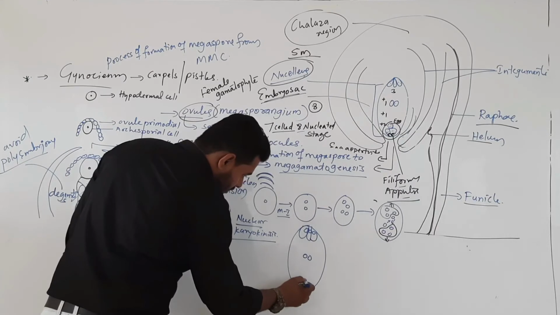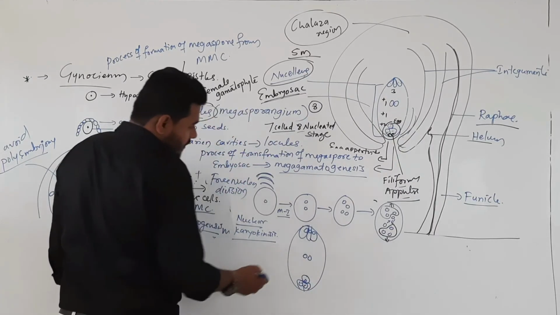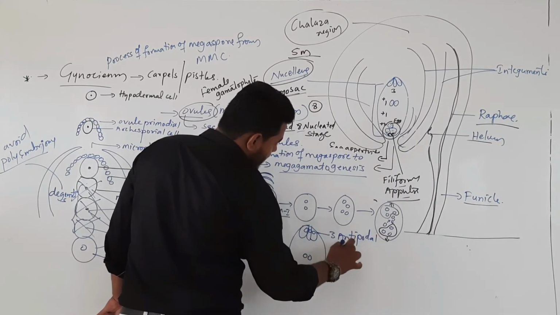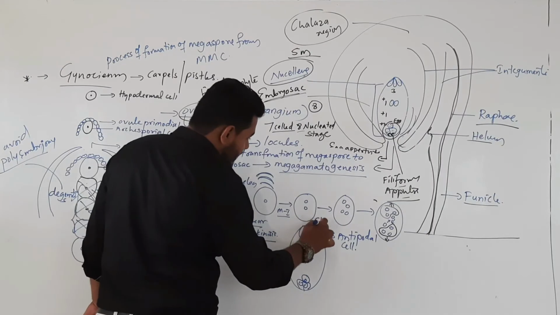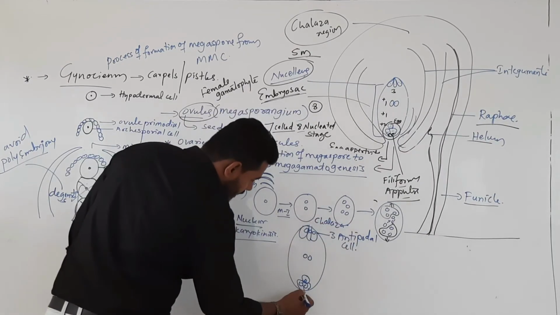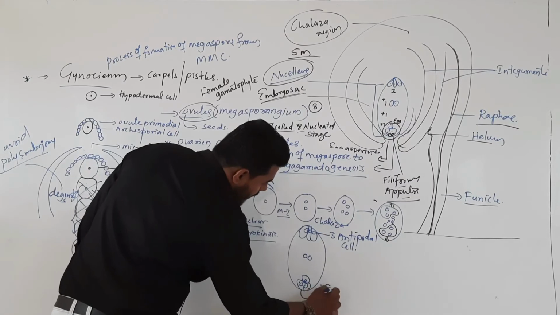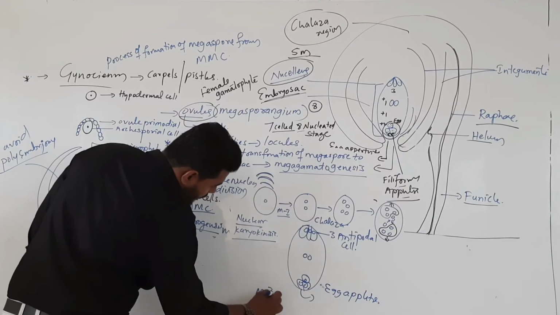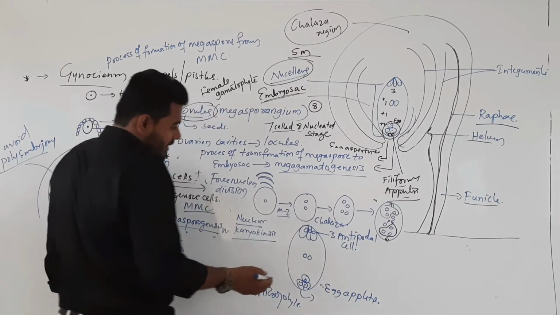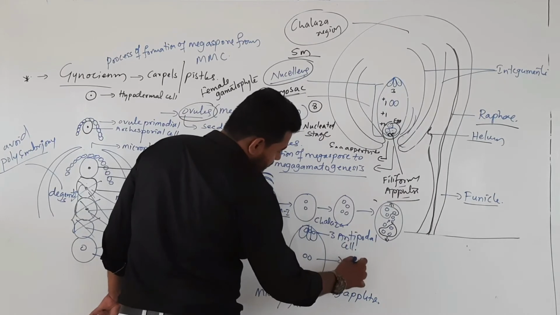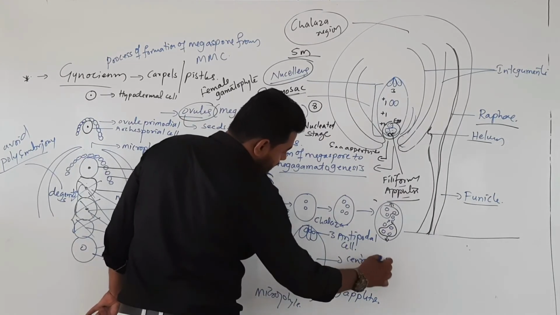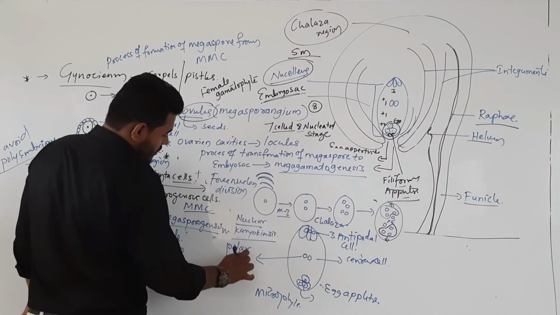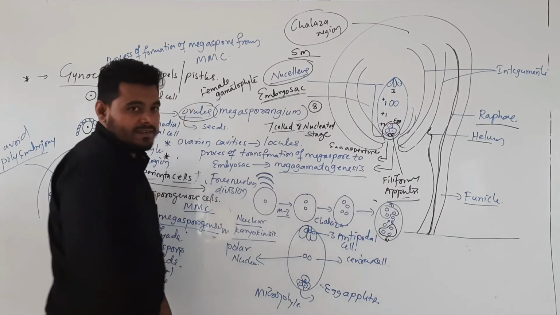As a result, you can see there is a formation of 3 antipodal cells at the chalaza region and the egg apparatus at the micropyle region, and this is the central cell. These are called polar nuclei, which occupy the center.